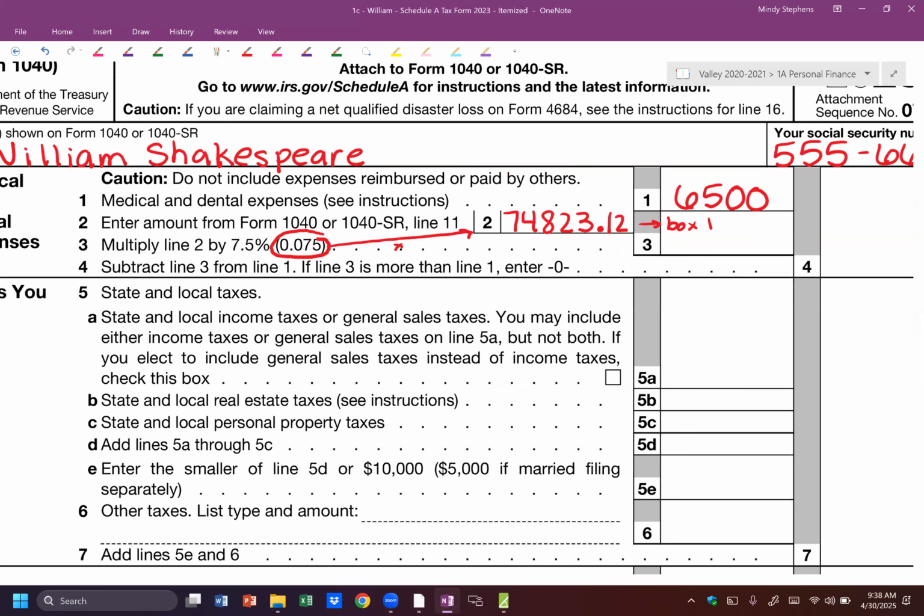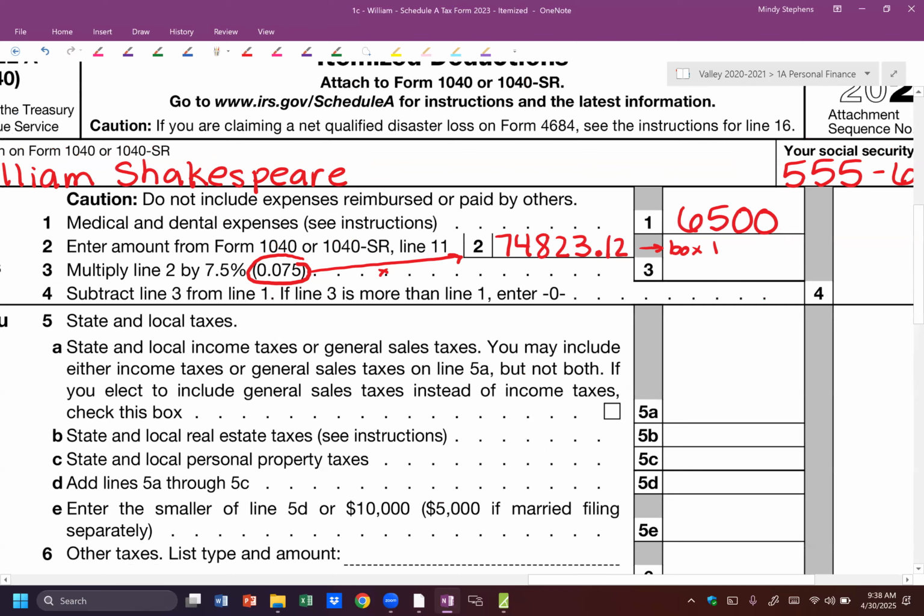So you're multiplying 0.075 times that big number in line 2. All right, Ellie, what'd you get there?